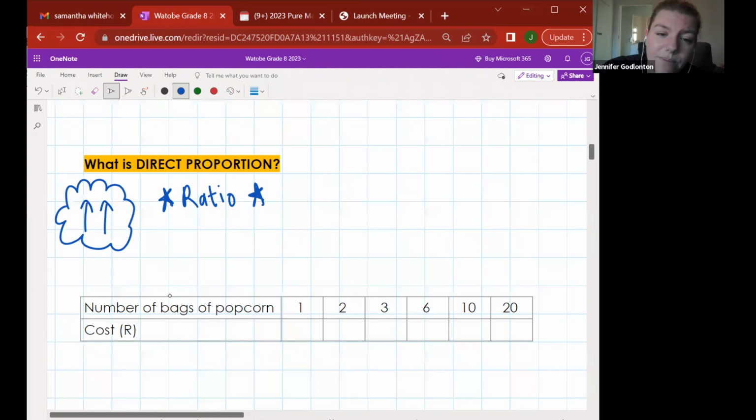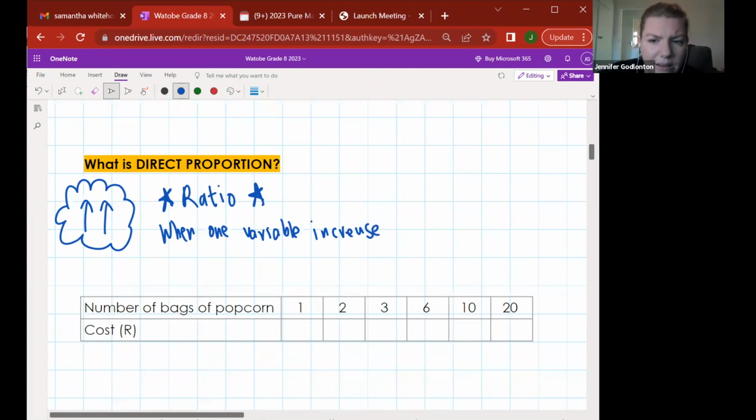Okay, so this is not the fancy mathematical definition, but we're going to say when one variable increases, so does the other increase. And they're going to increase at the same rate.